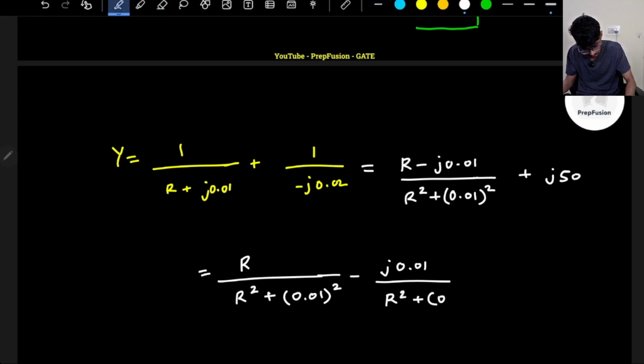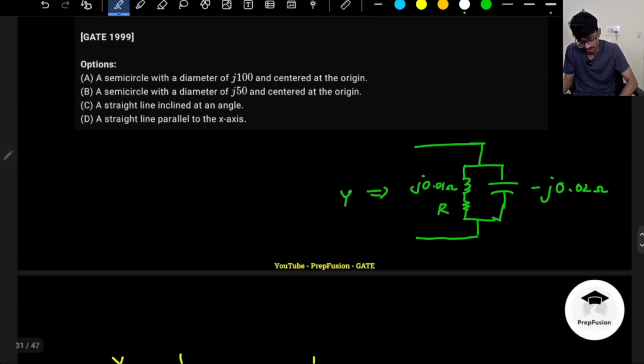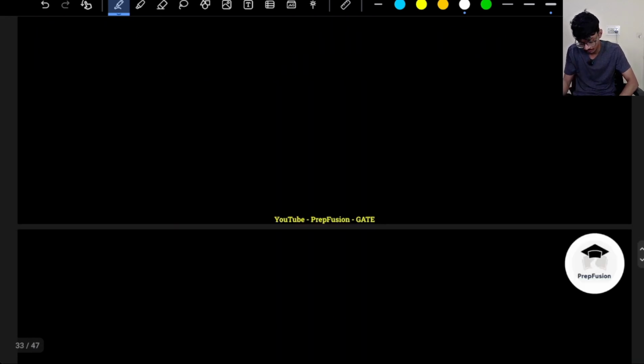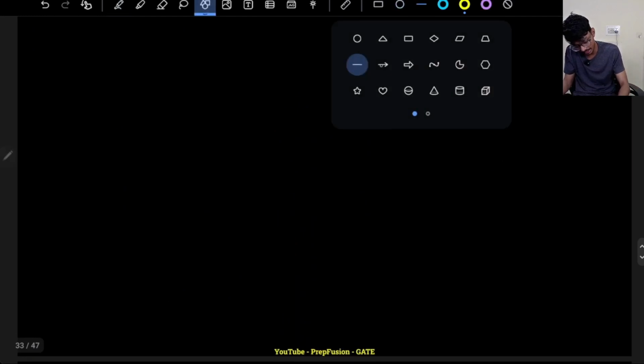So from here, you can vary your R, because R is a variable. If R varies, what is the admittance locus diagram? That is what they are asking. So let us plot the admittance locus diagram.